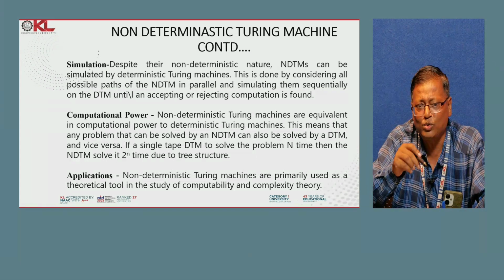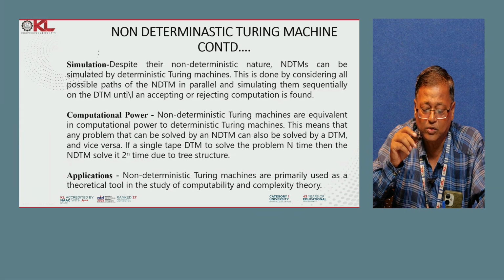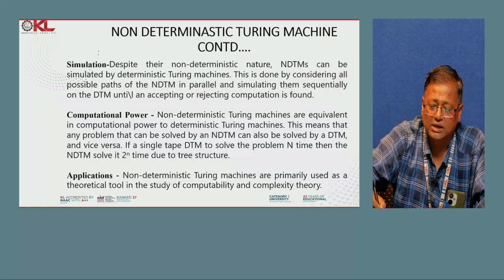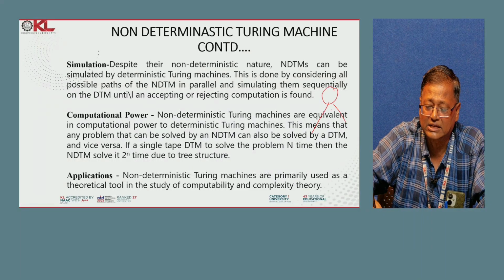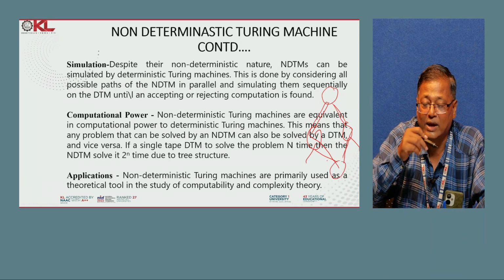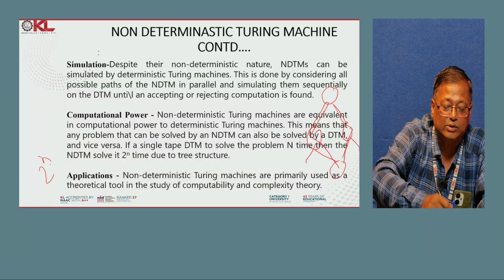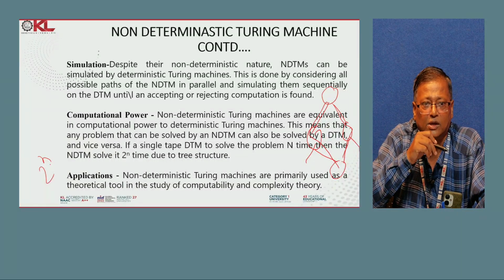So the computational power of the DTM is the same as the NDTM. But with multiple paths like a tree structure, you can choose your path and finally accept the language. It takes 2 to the power n time.